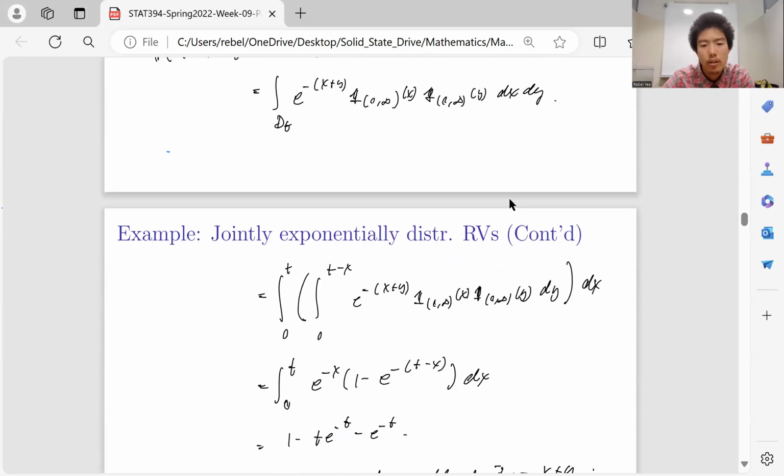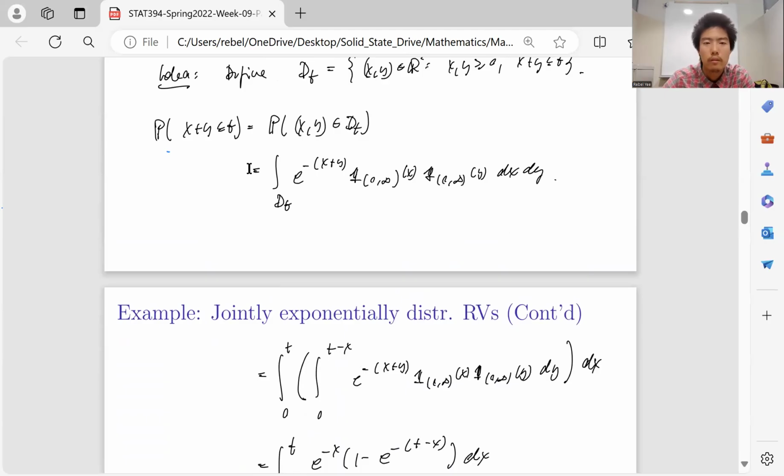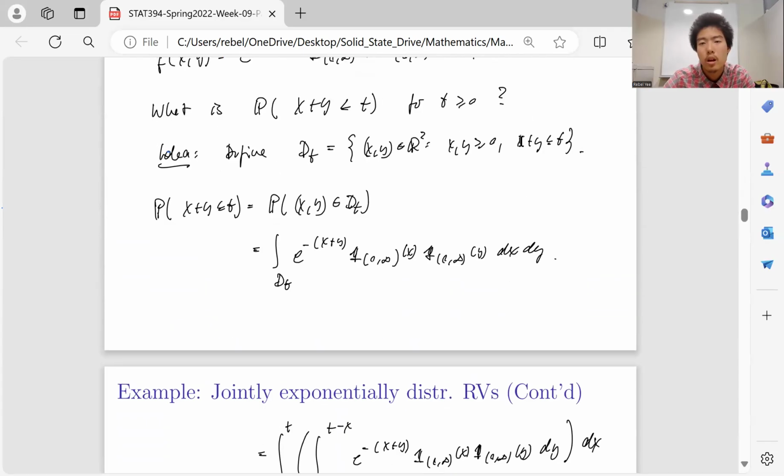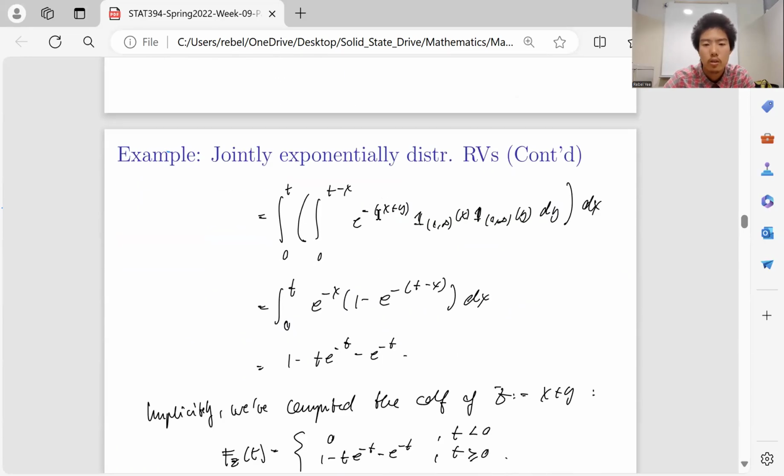Okay, and what we can do here is we can replace one of the terms. We can just remain with x, and y becomes t minus x, and that's our solution.